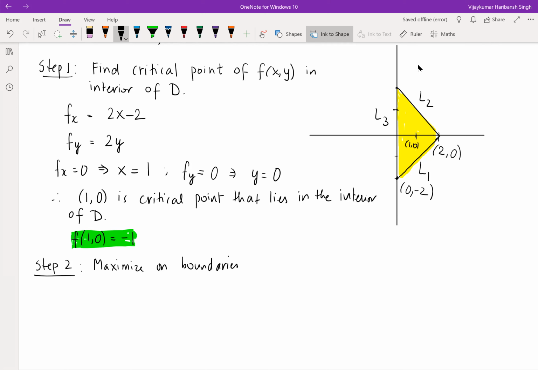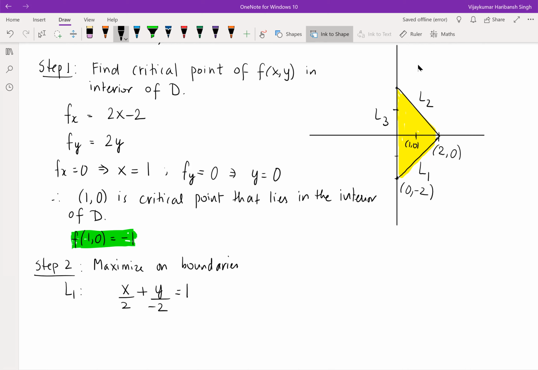So how do we go about it? Equation of a line, in this case, can be written very quickly. So L1 is given by x over 2 plus y over negative 2 equals to 1.